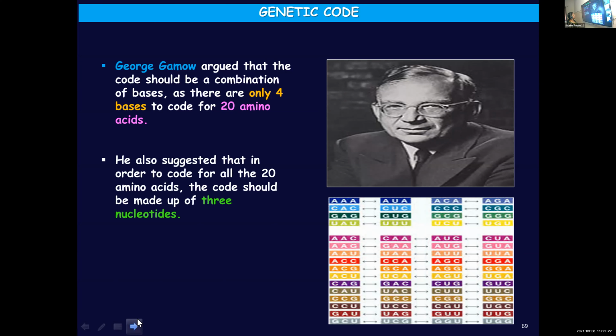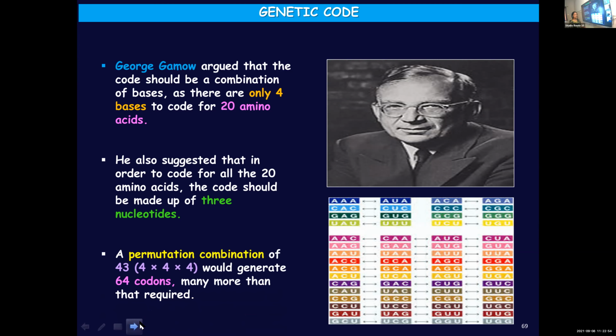So he suggested that in order to code for 20 amino acids, there should be at least 3 nucleotides. Minimum 3 nucleotides, or 3 nitrogen bases, should be there in the code so that it can code for 20 amino acids, because the codes for different amino acids are different.